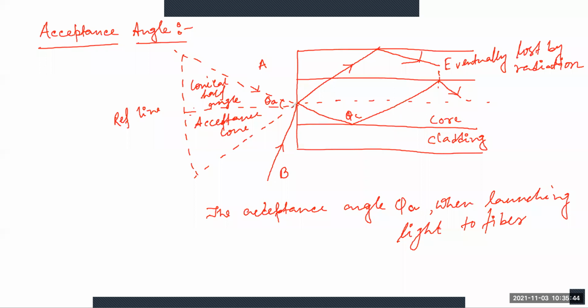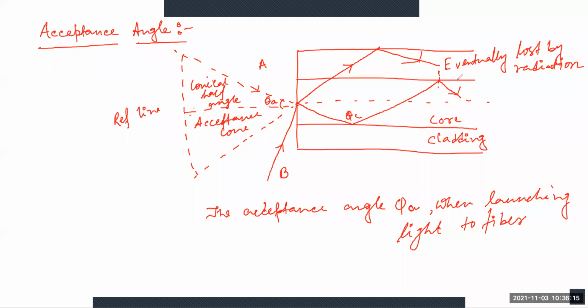Now, any ray incident into the fiber core at an angle greater than this phi A will be transmitted to the core and cladding interface at an angle less than phi C, and in that case, it will not be totally internally reflected.